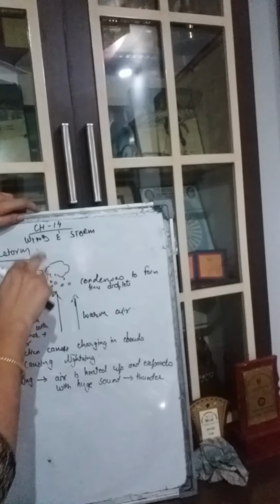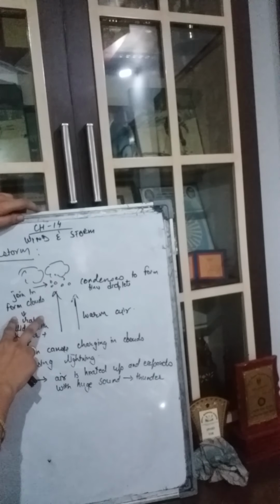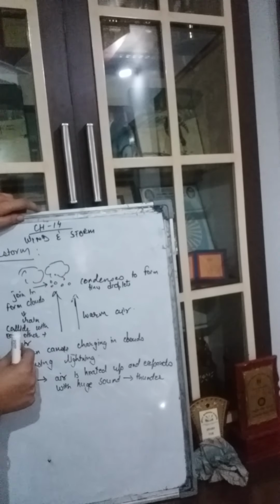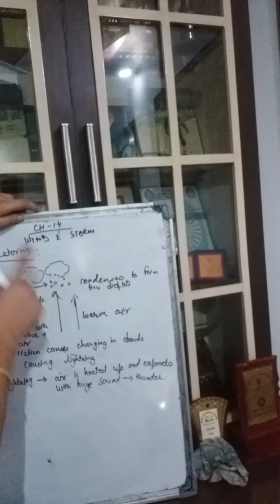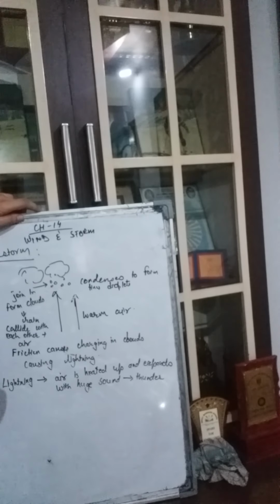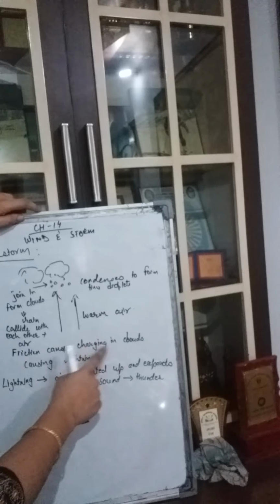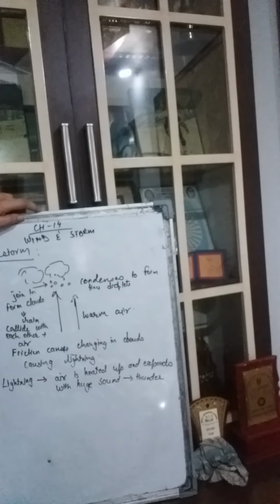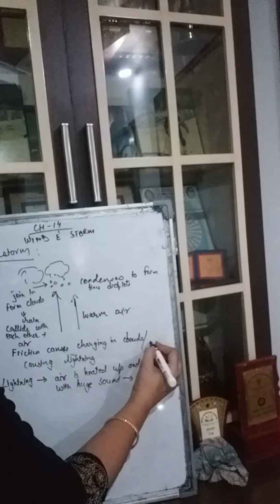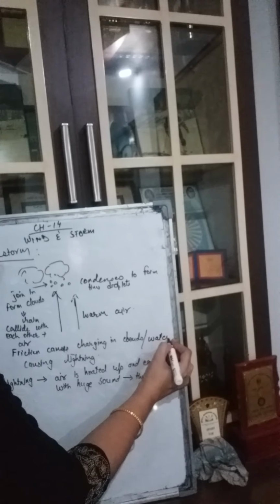During the rain, the water droplets that are coming down collide with each other, and with the air which is present in the atmosphere. Because of this collision, what happens? Friction occurs, and this friction causes charging in the clouds or in the water droplets.